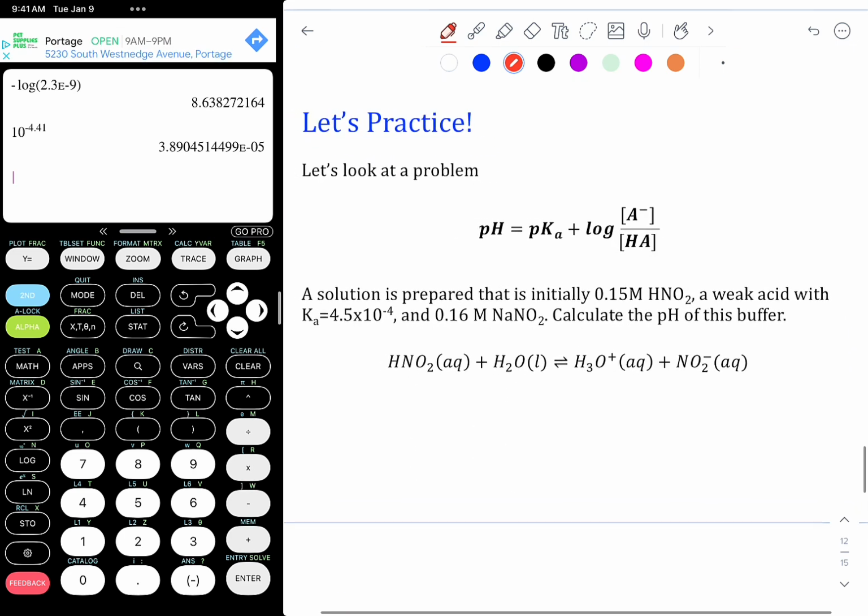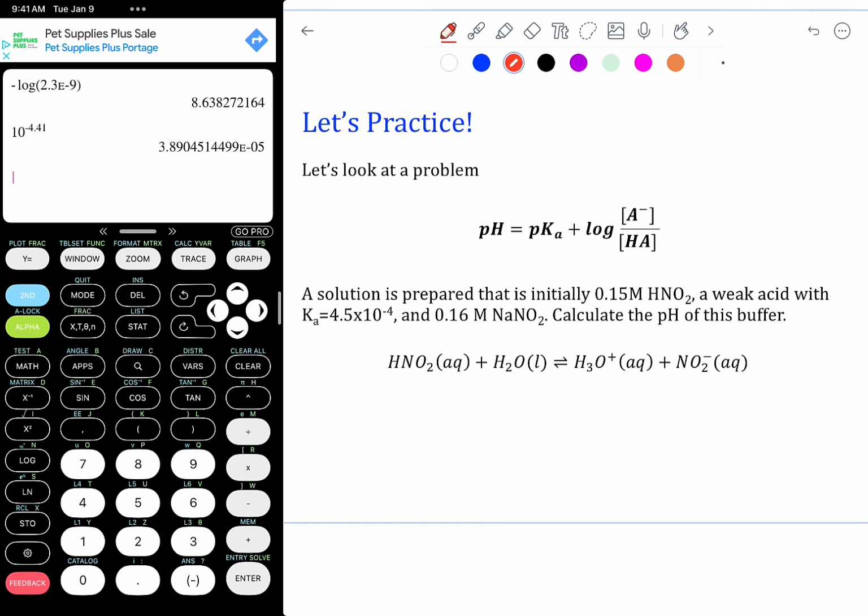So, a solution is prepared that is initially 0.15 molar HNO2, a weak acid with Ka of 4.5 times 10 to the minus 4, and a 0.16 molar NaNO2 solution. We want to calculate the pH of this buffer.